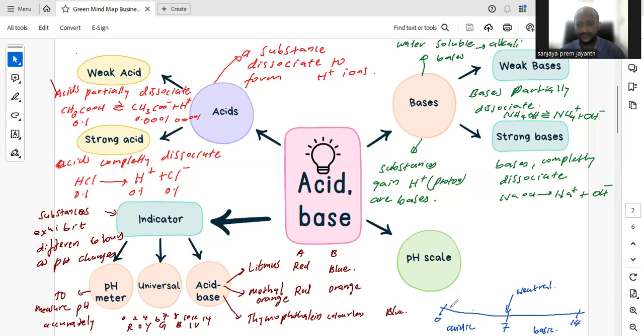Then 0 to 3, weak acid, 3 to 14, strong acid. Sorry, 0 to 3, strong acid, 3 to 6, weak acid.